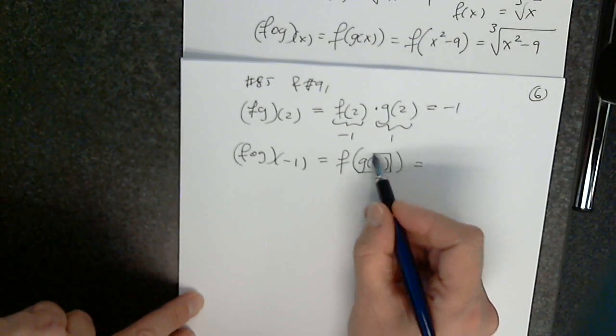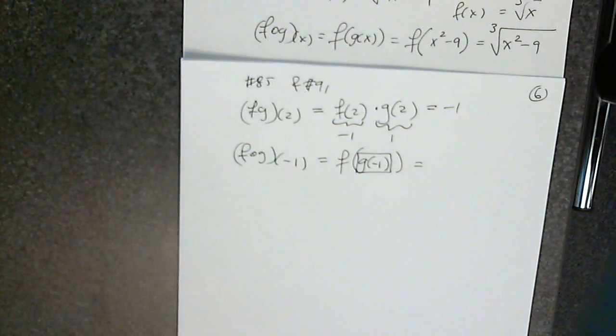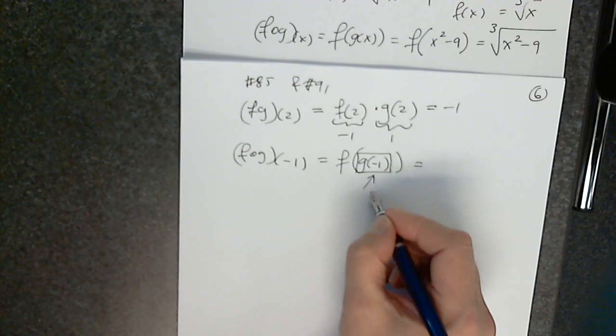So now I have to identify this. Let's look at the second graph, the bottom graph. G is in purple. I need to find g of negative 1. G of negative 1 is? The bottom graph, G is in purple. Negative 3. So this is negative 3.